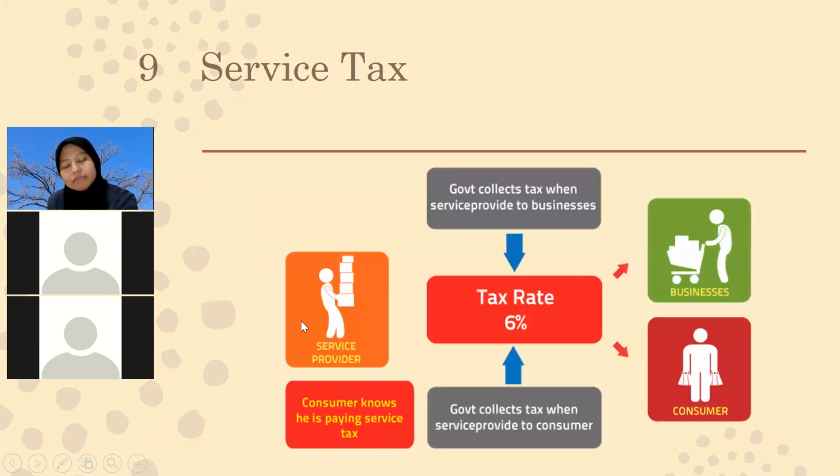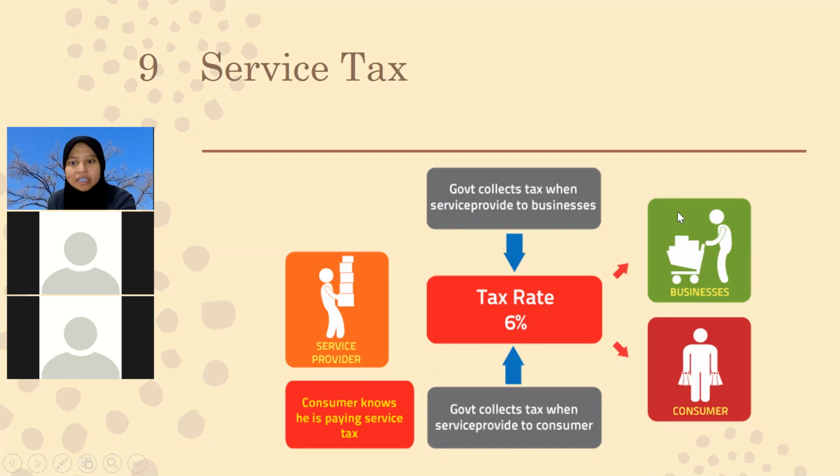For service tax, there is not much difference between GST time and now, because for those service providers, it's just between them and the consumer. So they impose tax at a rate that is also the same, 6%. GST was also 6%. So the government collects tax when service is provided to businesses or to consumers, it doesn't matter.